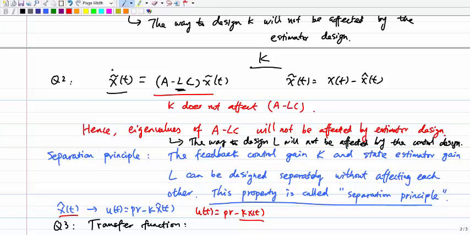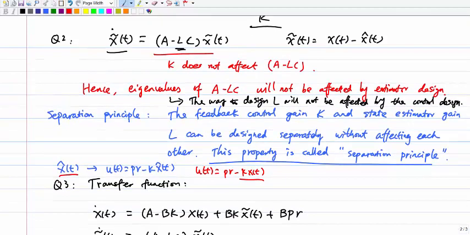The last question we want to answer is: how about the transfer function? If I use observer design, I do have the original x dot t equals A x t plus B u t and y t equals C x t. That's my original system, right?